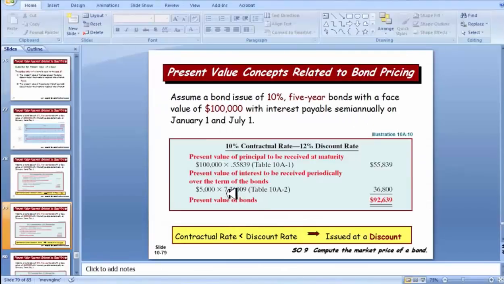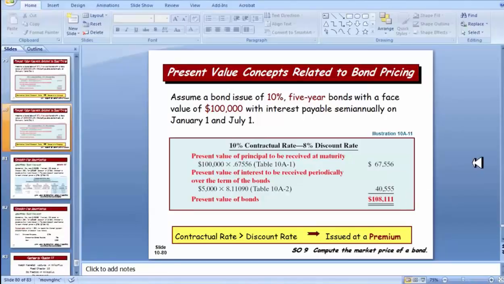So there's your 7.36009 times your $5,000, which gives you the present value of that payment stream. So the present value of the bonds is $92,639. So we're having to discount this bond. The difference between the $100,000 and the $92,639 is the bond discount.